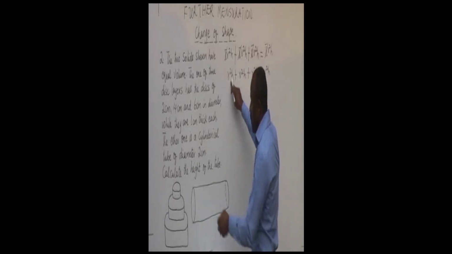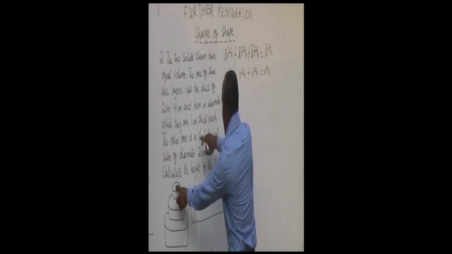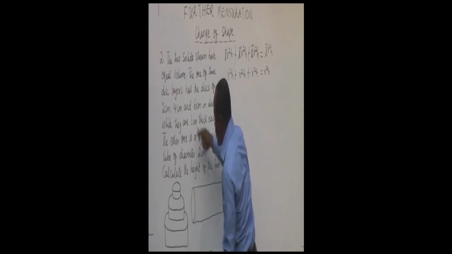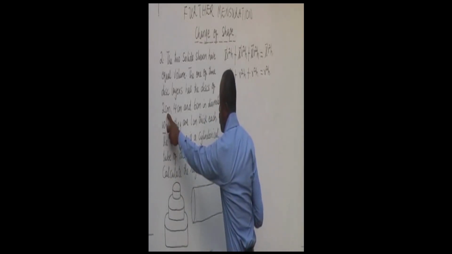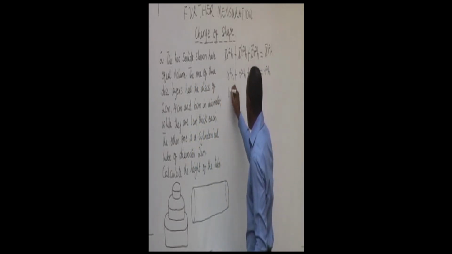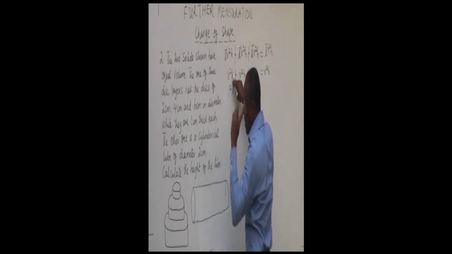Now, r squared for the first cylinder. Remember, he said that they have diameters of 2, 4, and 6. The first one that had diameter of 2, that means its radius is 1. So here we have 1 squared times the h, which is 1 cm for all of them.